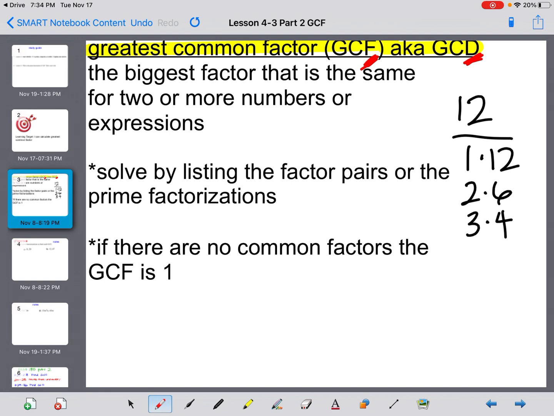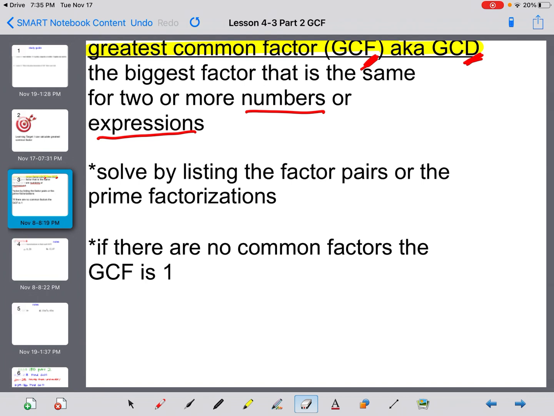The biggest factor that is the same for two or more numbers. You've talked about that in 6th grade for sure. And now that we're in 7th grade, expressions, which means variables. Oh boy.